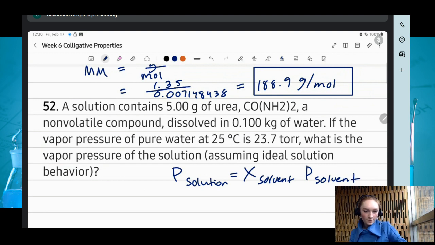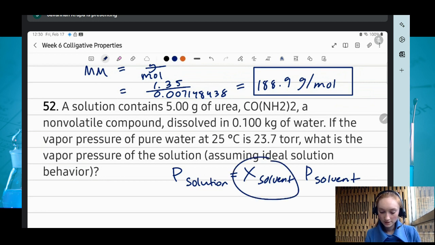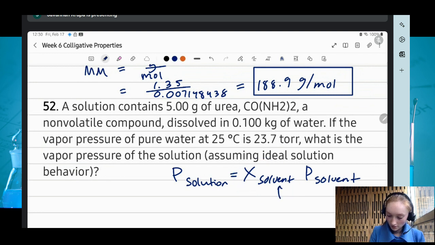And so we can first find the X here, which is the mole fraction, which is going to be the moles of the solvent divided by total moles.